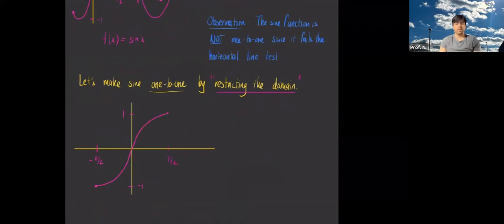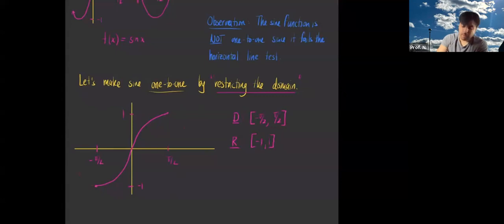You see this? This is my new domain. My restricted domain is negative pi over 2, pi over 2. My range, however, is identical to the original sine. It's still -1 to 1. Do you see that?